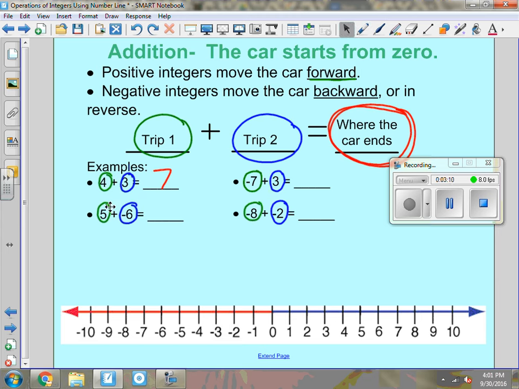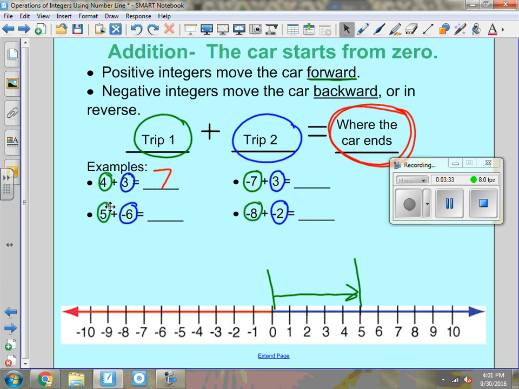So now I'm going to look at my next example. I have a positive 5 and I'm adding a negative 6. Remember, those positive integers are going to move my car forward, and I always start from 0 for addition. So I'm going to draw my line at 0. I'm moving 5 units to the right, forward, and then that's the end of my first trip.